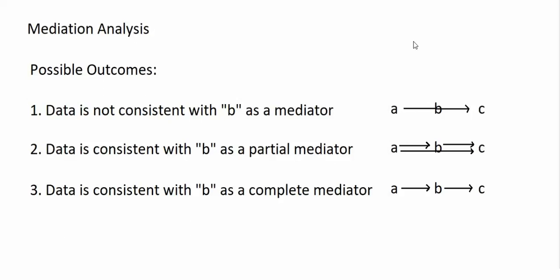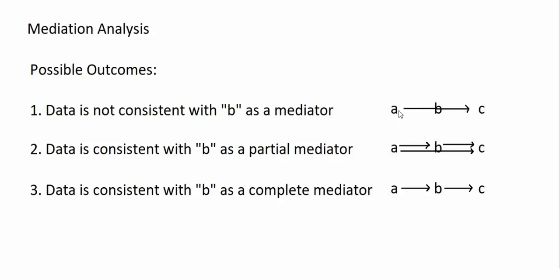If the researcher's data is consistent with the direct path only, from income straight to happiness, or if the researcher's data is consistent with neither path, then the researcher would say that his or her data is not consistent with mediation, and that would be possible outcome number one. In that case, the researcher would say that his or her data is not consistent with lower financial stress being a mediator of that sequence.